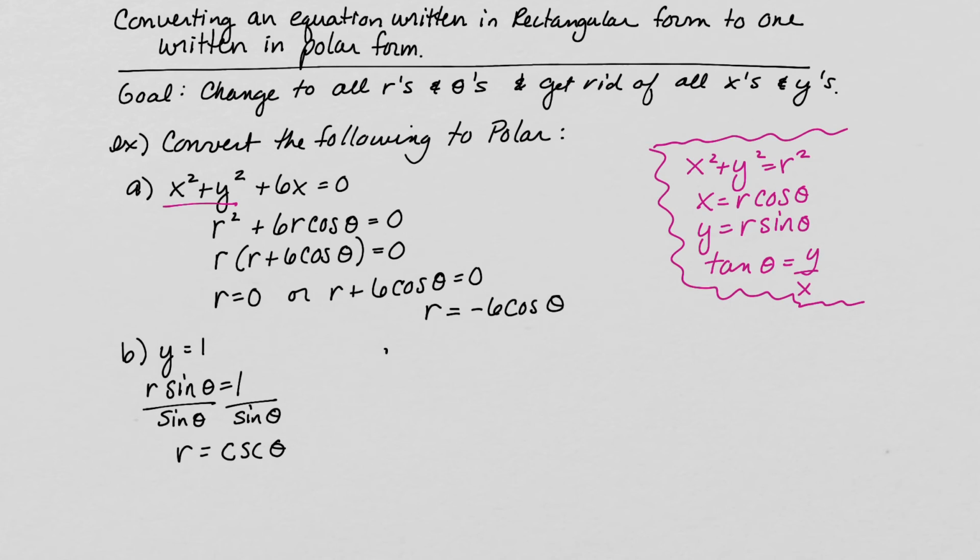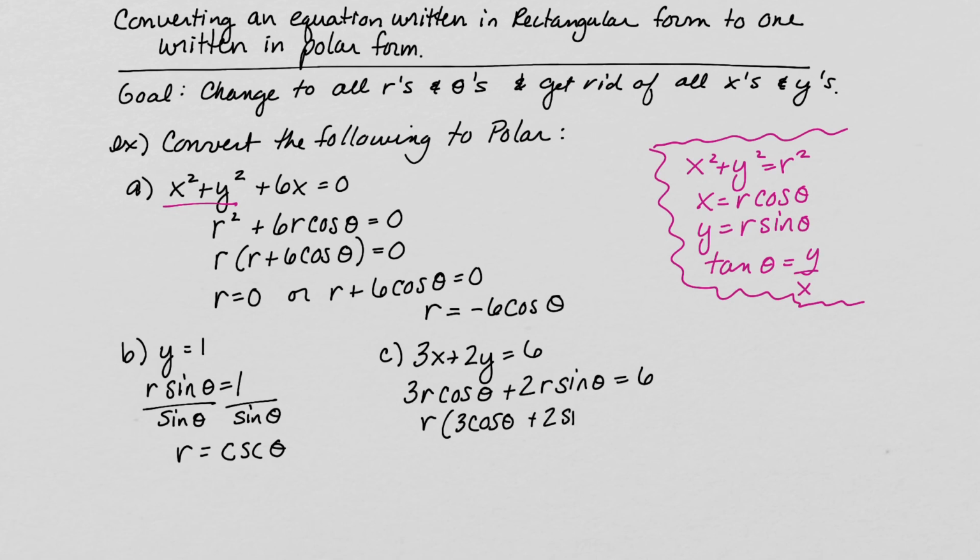We'll do one more here. So C, if I have 3x plus 2y equals 6, and I plug in, so 3r cosine theta plus 2r sine theta equals 6. If you notice, I can factor out the r. If we're trying to solve for r, r times (3 cosine theta plus 2 sine theta) equals 6.